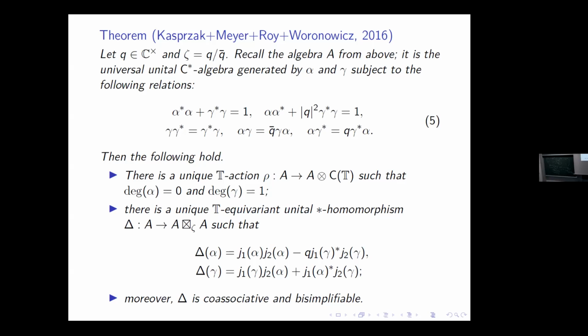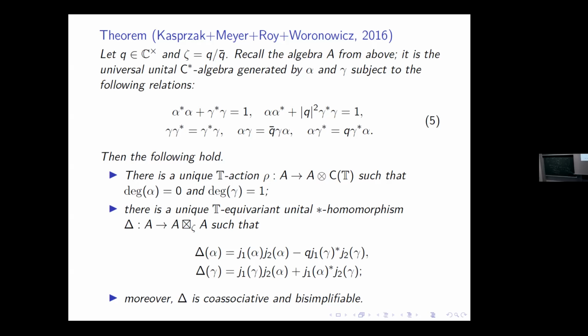The following hold. There is a unique T action on the algebra A, defined in a way that alpha gets homogeneous degree 0 and gamma gets homogeneous degree 1. There is a T-equivariant unital star homomorphism delta from A to the braided tensor product of A with itself, which acts on alpha and gamma the way we want.